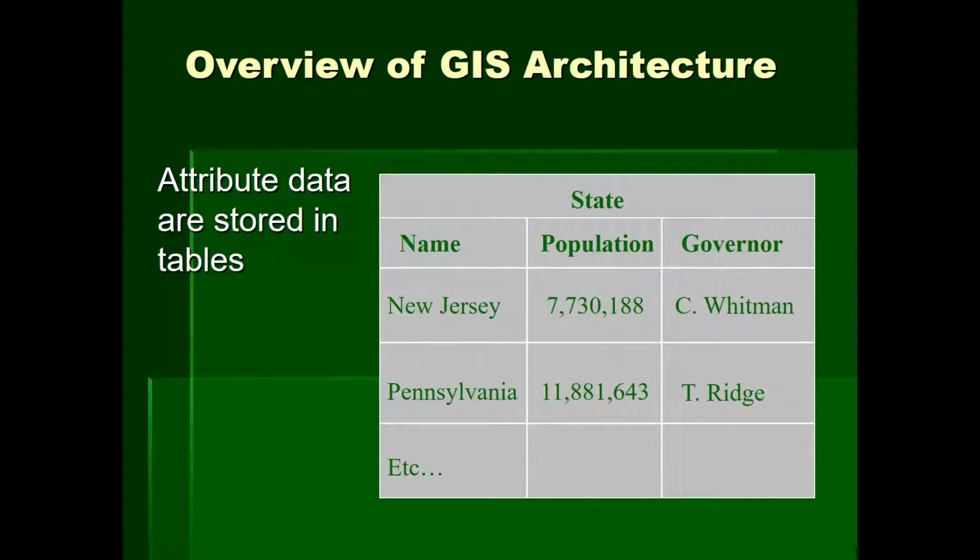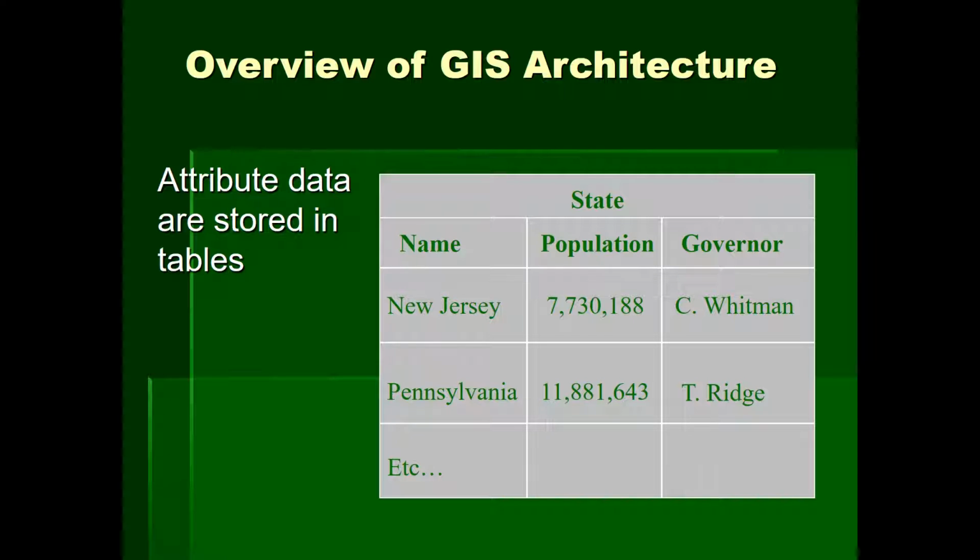So here's attributes. Attributes are stored in tables. So GIS systems have tables in them, just like a normal database. If you haven't used a lot of database software before, that's fine. But we're talking about tables.